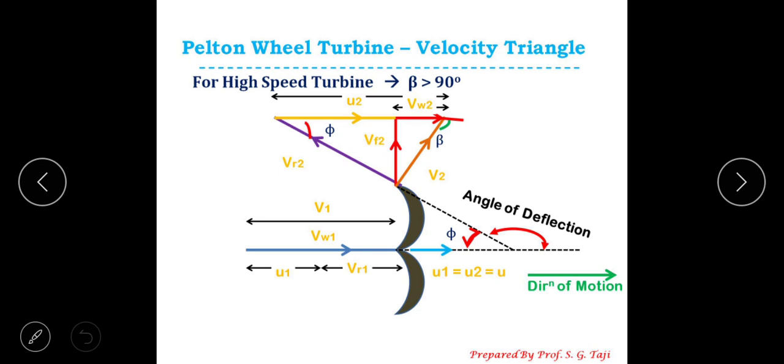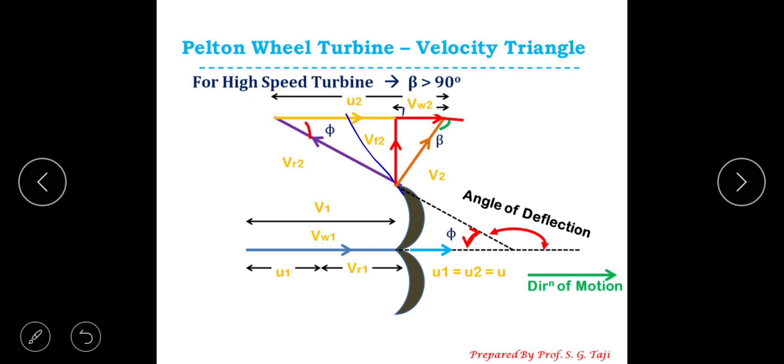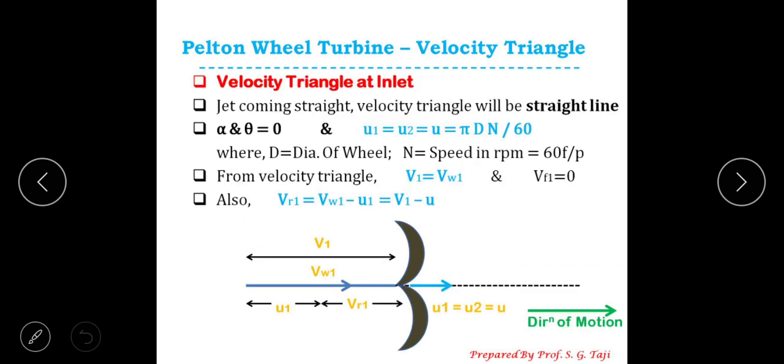So in the earlier case, when beta was less than 90, this point was here. Now it has come here. When it is 90, it is exactly perpendicular. Now the velocity triangle at inlet. Jet coming straight, the velocity triangle will be a straight line.